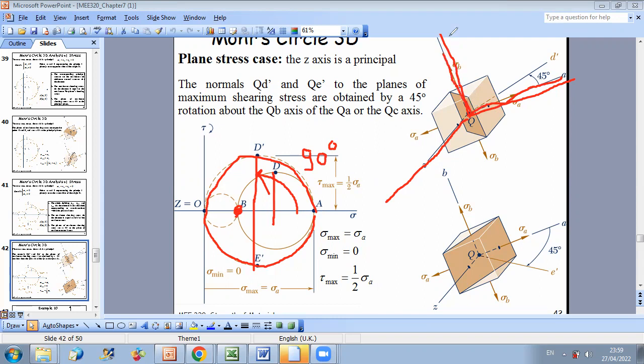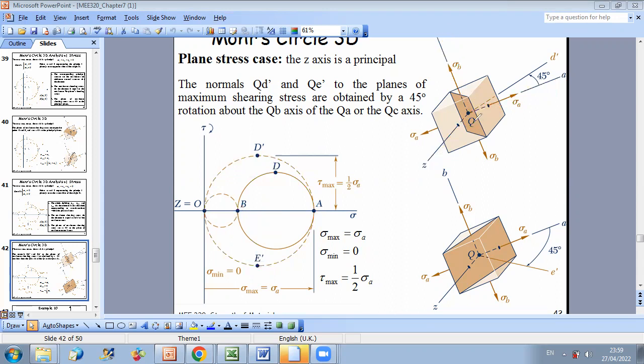This is axis QB. Then you should rotate perpendicular to this axis. This means that you are rotating in plane QAZ.